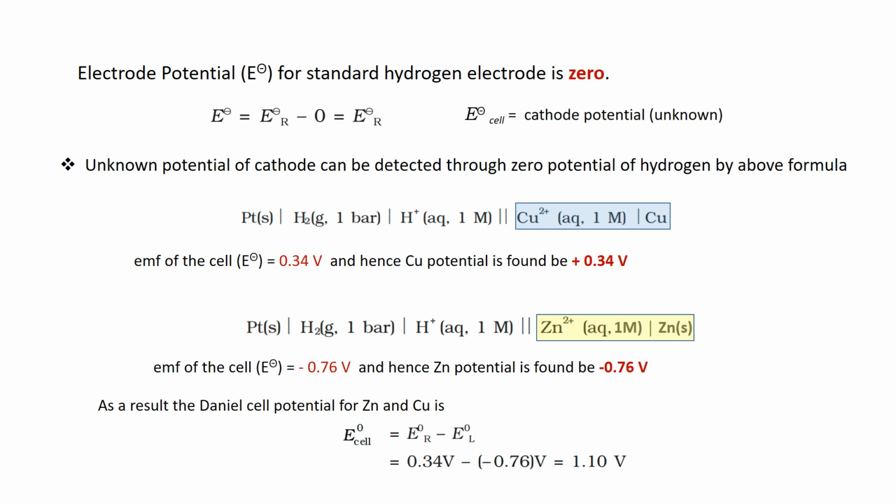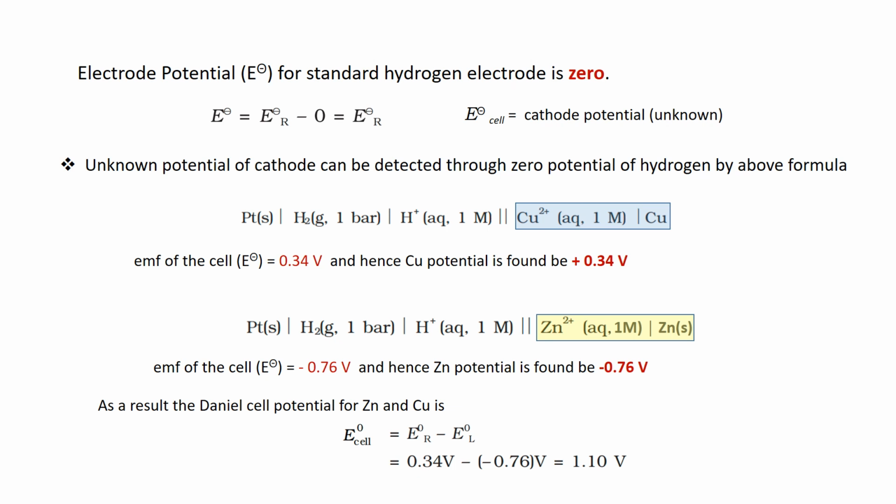As I highlighted in blue color for the copper, which is connected to the hydrogen, just as in the Daniell cell we connected the copper and zinc. The EMF of the cell will be shown in the meter. It will display 0.34 volt. And we know the standard hydrogen electrode potential is 0 volt.